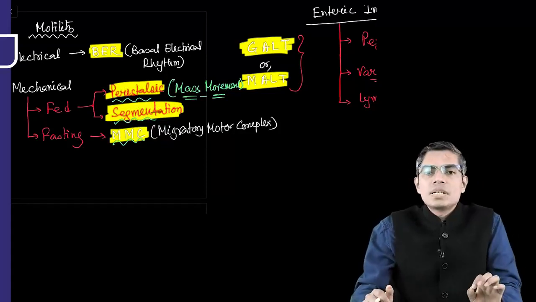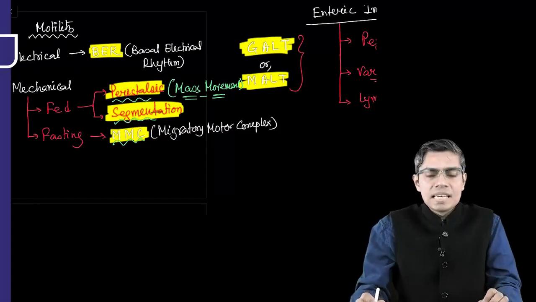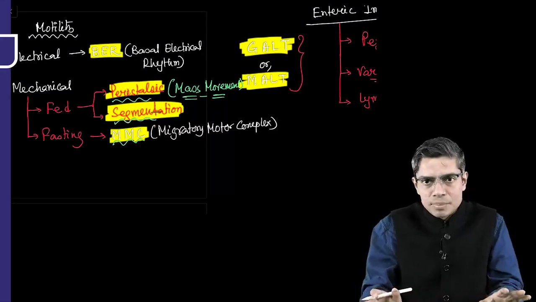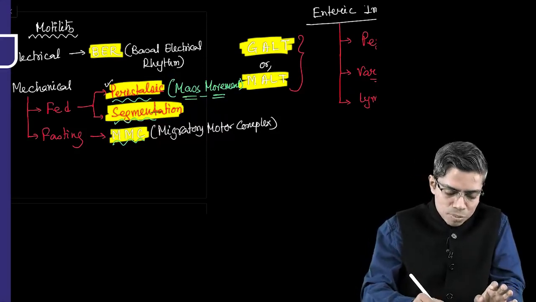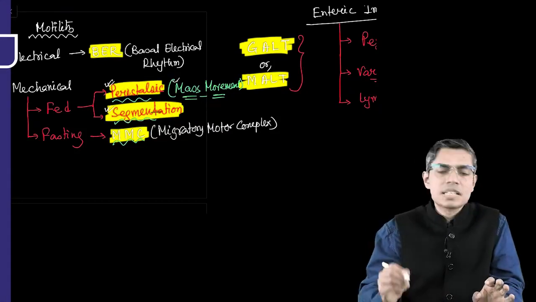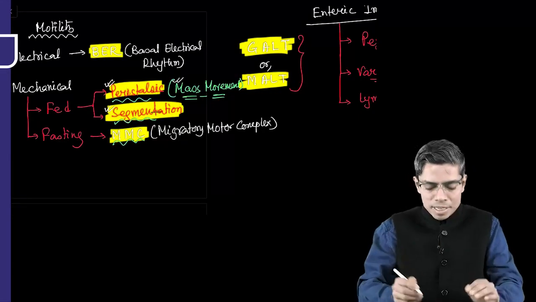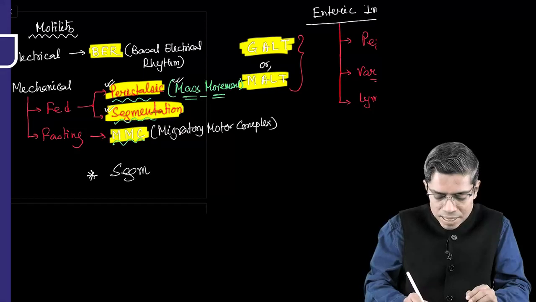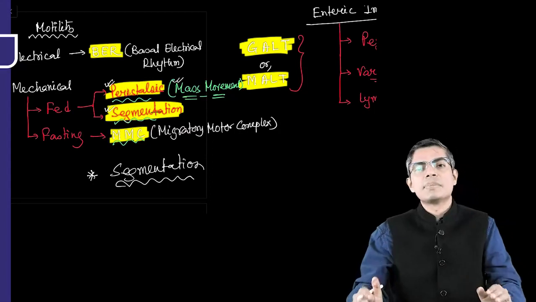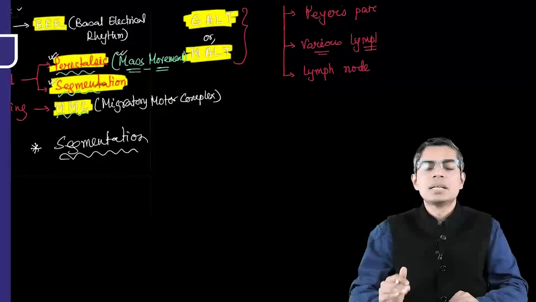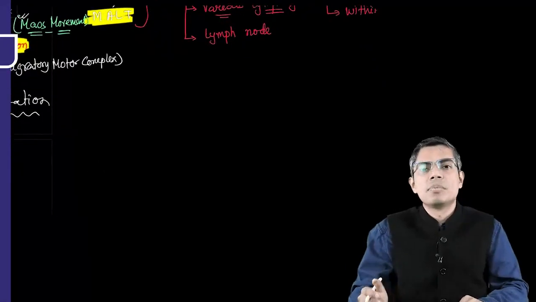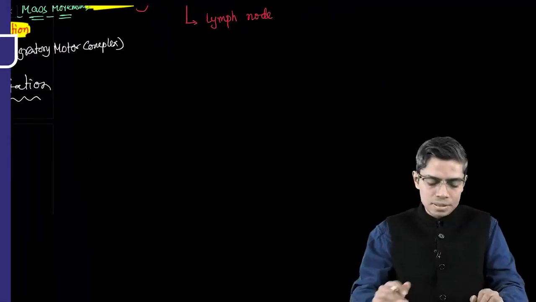If I ask you which one is the dominant motility in fed state of GIT: obviously MMC is a fasting motility, but if I have to choose between peristalsis, segmentation and mass movement, which one is the dominant and predominant motility in fed state, your answer will be segmentation, not peristalsis. So this is the dominant motility in fed state of GIT. You will understand why this is the dominant motility, not peristalsis, right?